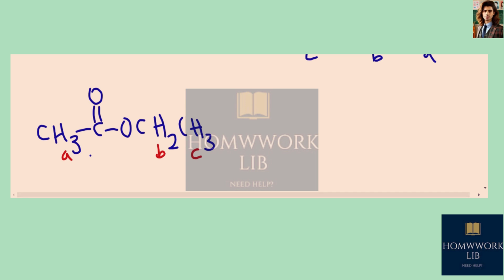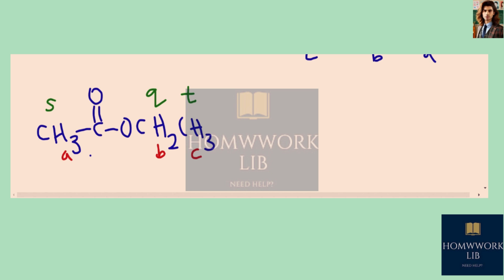So in this case, the C protons will split into a triplet because of the 2 B neighbors, and then the B protons will split into a quartet, and then the signal for the A protons will be a singlet because there are no hydrogens on the adjacent carbon.